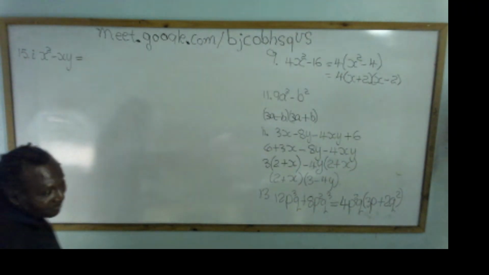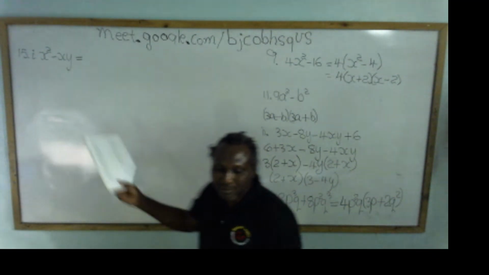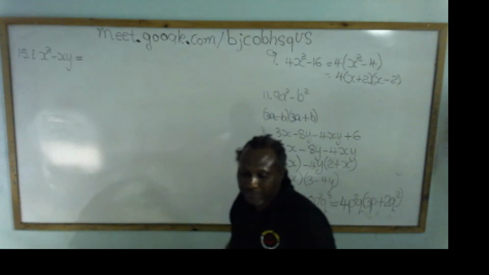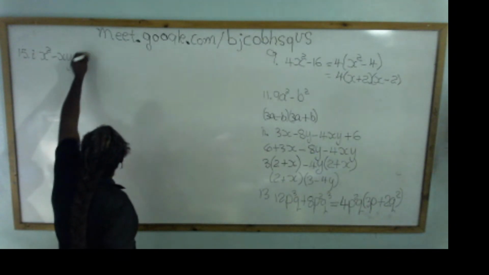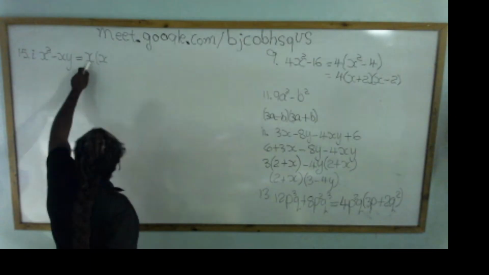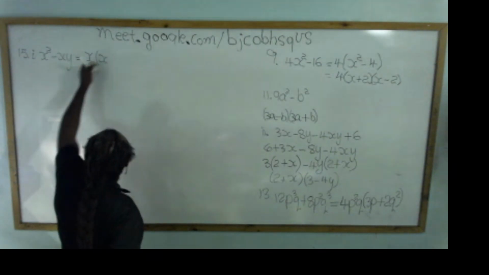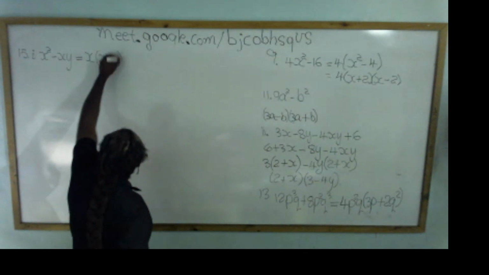Of course, you can just see the simple common factor there of x. X into x squared is x. And the x will cancel here, leave the y, so it's minus y. No problem.